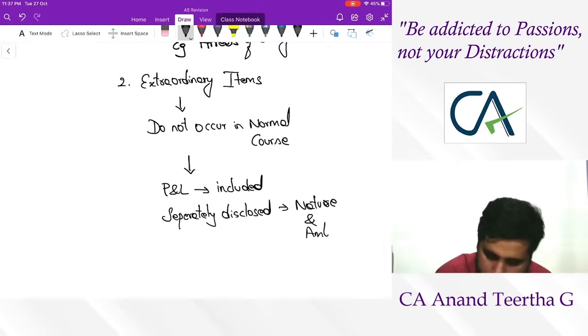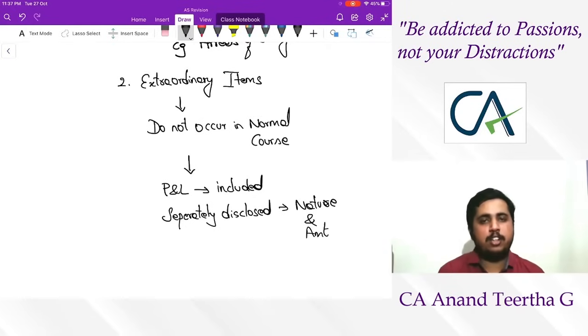So what is the type of extraordinary item that took place, how it impacted the profits, and how it is going to impact our overall business. Those things are supposed to be disclosed at the end. So extraordinary is one which is shown separately, and at the same time it should be separately disclosed.